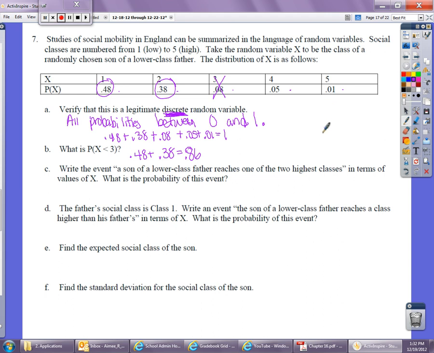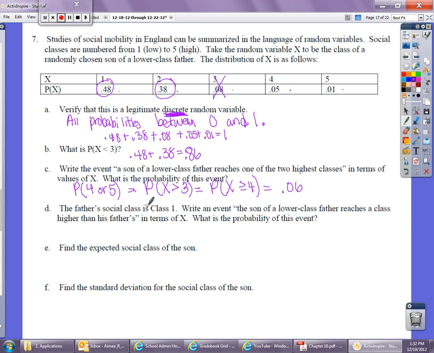You can write this a couple of different ways. You can say the probability of 4 or 5. You could also say the probability of x is greater than 3. You could also say the probability that x is greater than or equal to 4. All of those are acceptable. In any case, you're just really adding those two probabilities together, and you get 0.06.